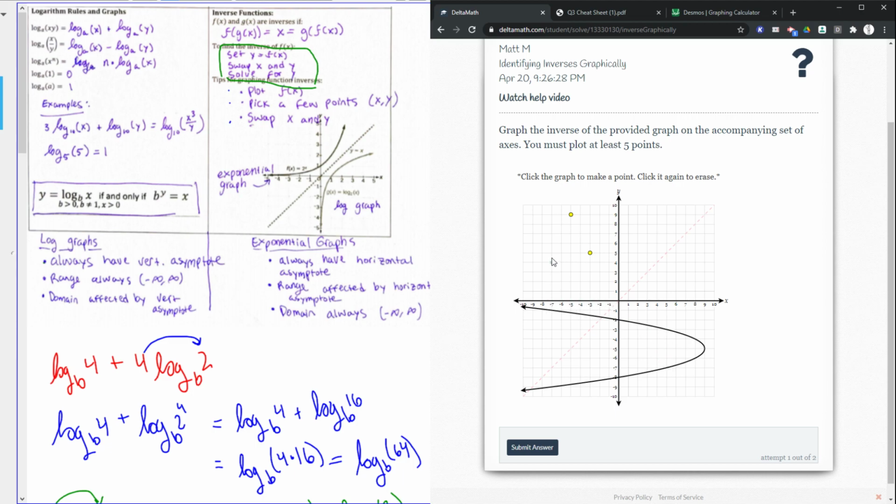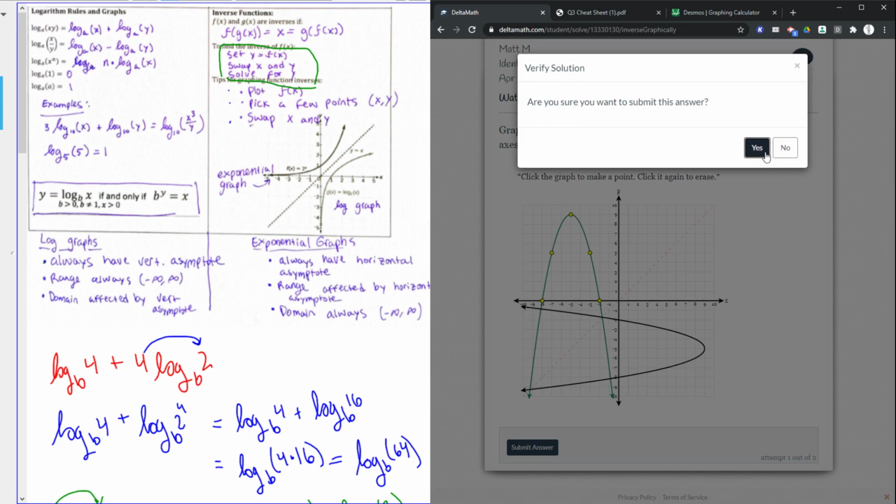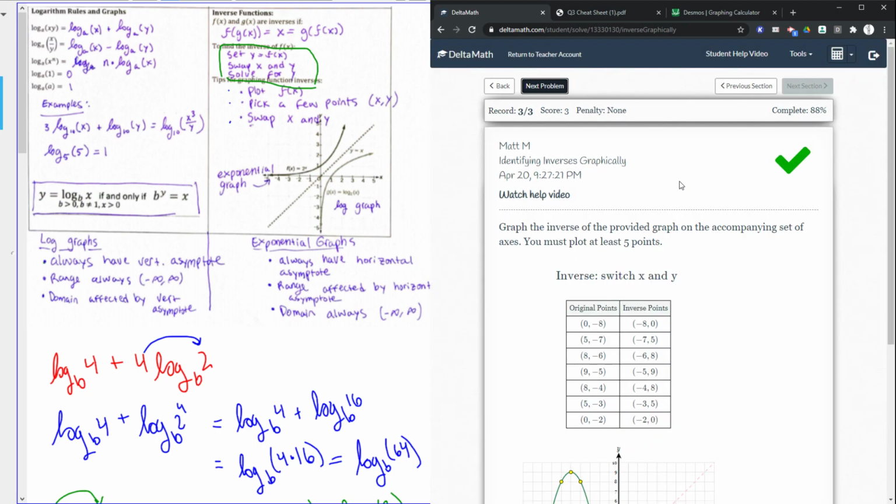So -7, 5. Seeing some symmetry, that's good. Let's see, 0, -2. So -2, 0. 0, -8. Flip it around. -8, 0. Awesome. And that's it. Those are all the sections. Cool.